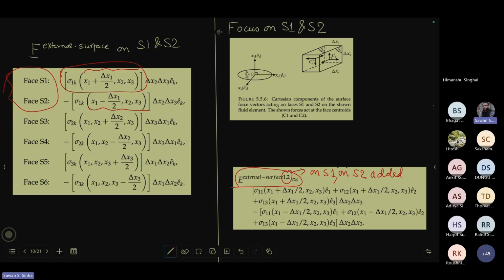I have expanded this now here. So K was a repeated index, so I have expanded 3 terms, 1 term, 2 term, 3 term. This is the contribution coming from S1. And then 3 more terms. These are the contributions coming from S2 with appropriate signs.